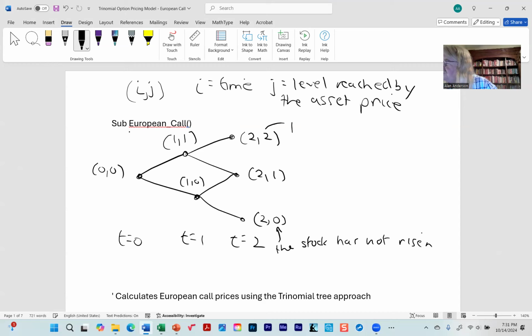Up here, it means the stock has risen twice. And then here it means the stock has risen once, which means that, of course, it's also fallen once.